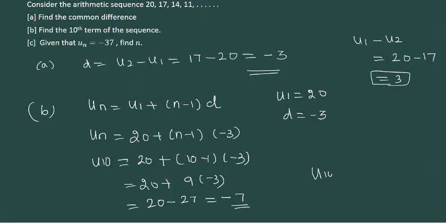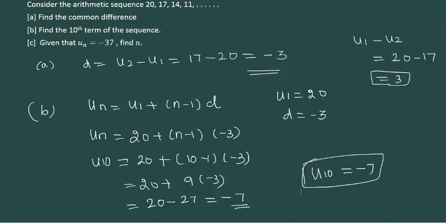So the 10th term of the sequence is minus 7. In case the nth term expression is asked, you need to simplify it completely, right? Anyhow, we need the nth term relation for the next part, that is the C part.